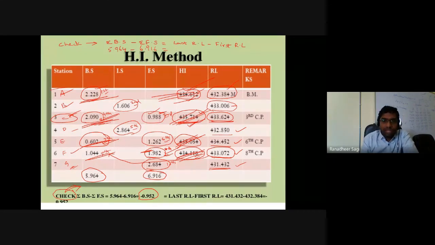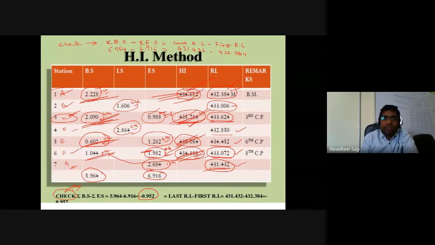The last RL value that I have calculated for my level survey is 431.432, minus the first RL value that I started with, which is 432.384.